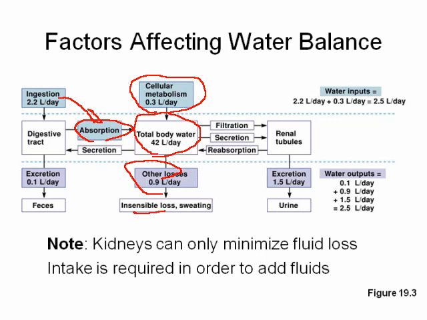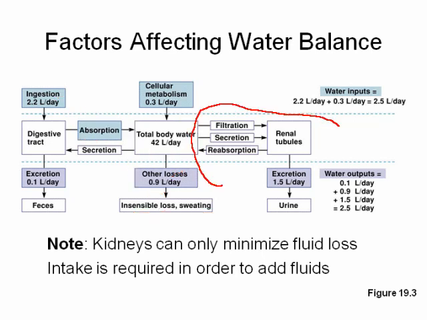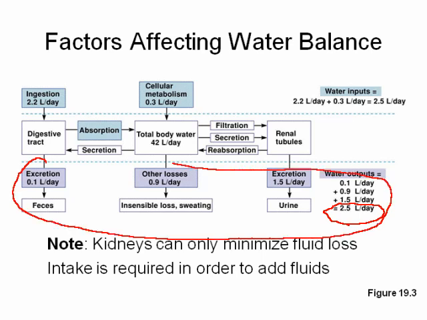We have a certain amount of loss, or insensible loss; sweating we've talked about already. And again, our renal functions. And of course, we end up filtering out about 180 liters, but ultimately excreting only about 1.5 liters. And the outputs, we have only a total of about 2.5 liters per day of output, taking all of these into account.